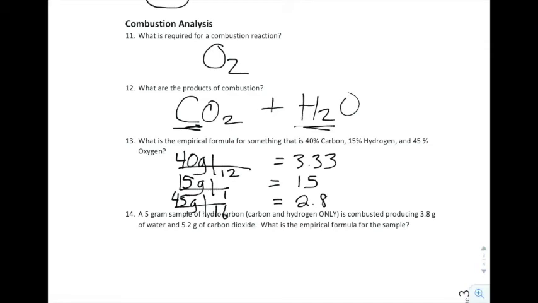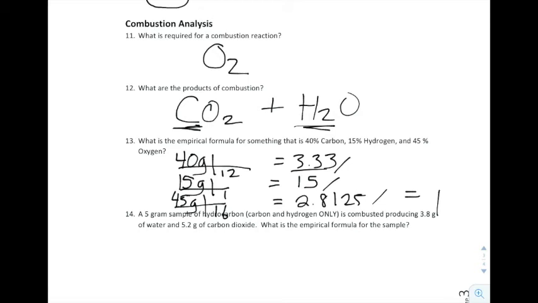So now you have to play with these numbers a little bit, because right now you can't have 3.33 carbons and you can't have 2.8 oxygens. So generally what you do is you divide by the lowest number, and this one is 2.8125. So I'm going to divide all of those by 2.8125. And when I do that, I'm going to get 1 oxygen, because 2.8125 divided by 2.8125 is 1.